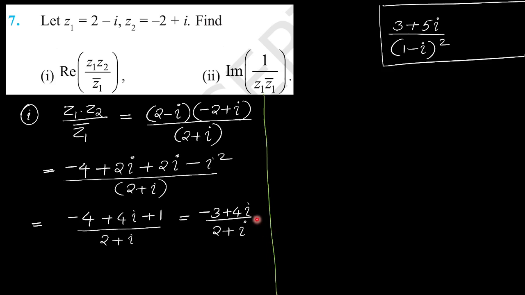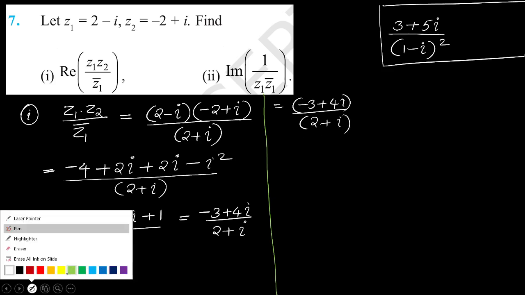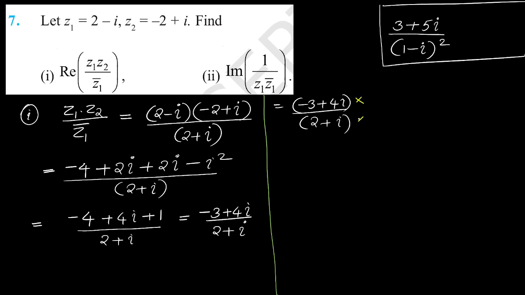The next step is, here, numerator and denominator I want to multiply with the conjugate of 2 plus i. See, division, right? So multiply numerator and denominator by conjugate of denominator. So minus 3 plus 4i divided by 2 plus i. To do the division, multiply with the conjugate of denominator.